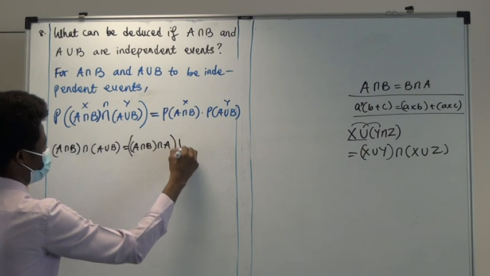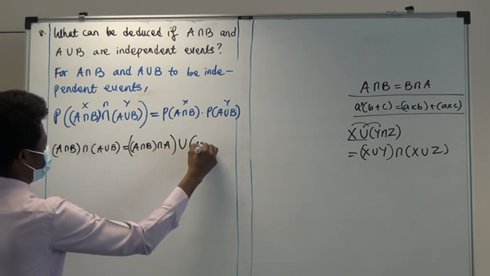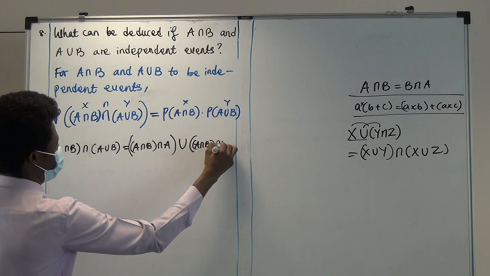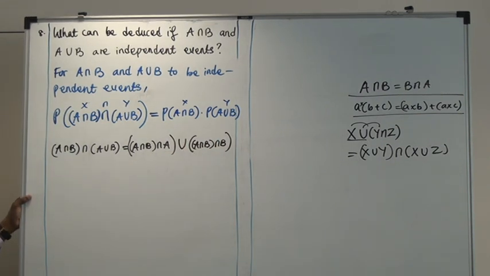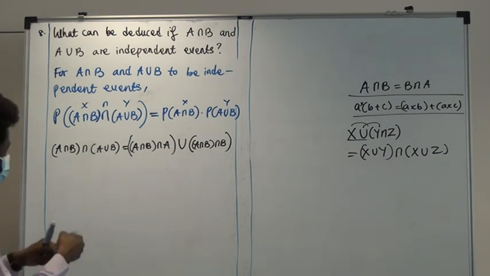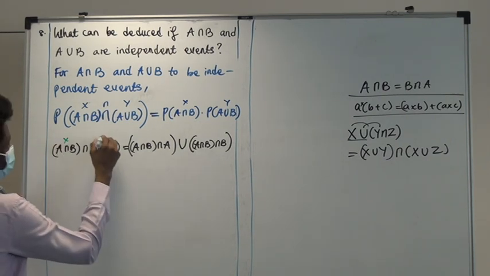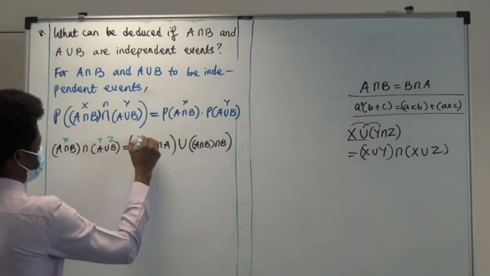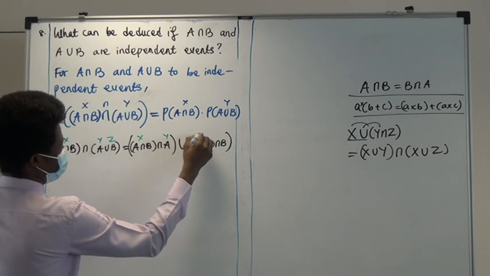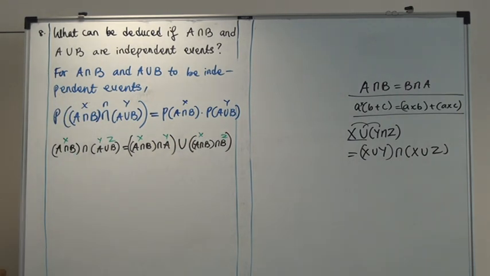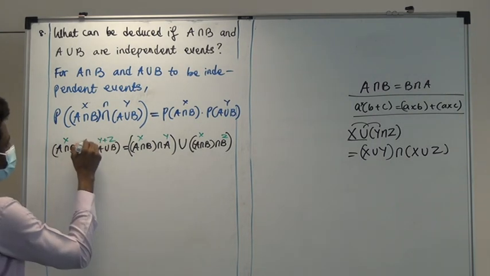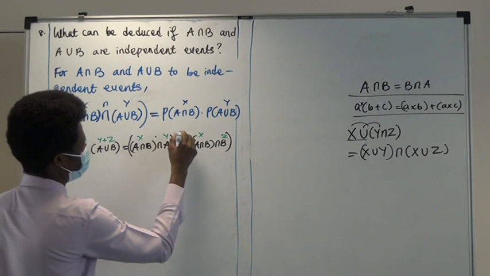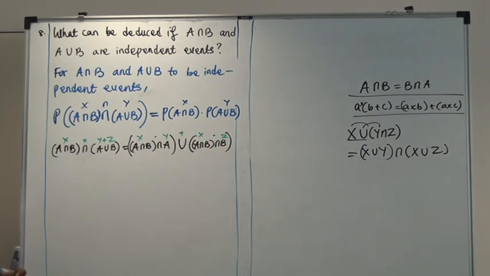Union A intersection B intersection B. This is like my X, and this is like my Y, Z. So it's like X, Y, then X, Z. This is like a plus, this is like a times. So X is multiplying Y added by X is multiplying Z.